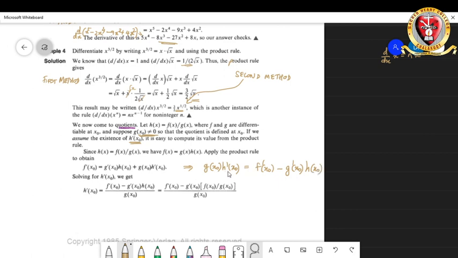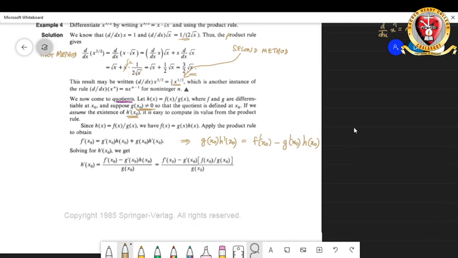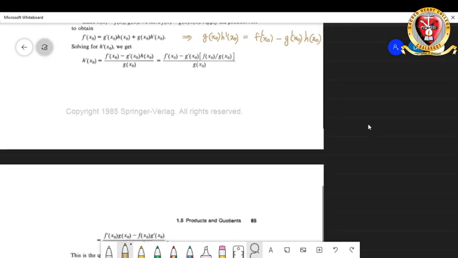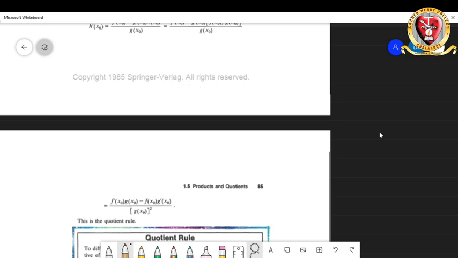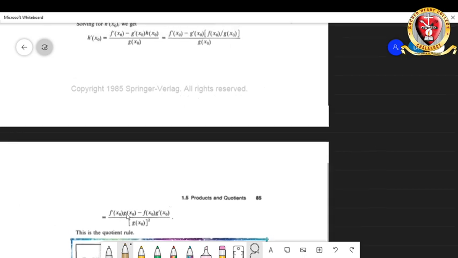So you get h dash of x naught is equal to f dash of x naught minus g dash of x naught into h of x naught divided by g of x naught, which is written here.